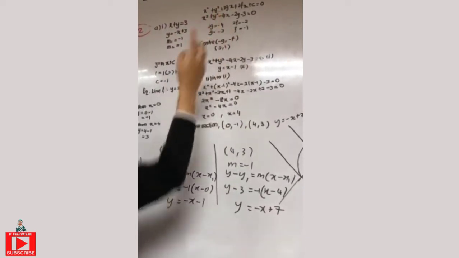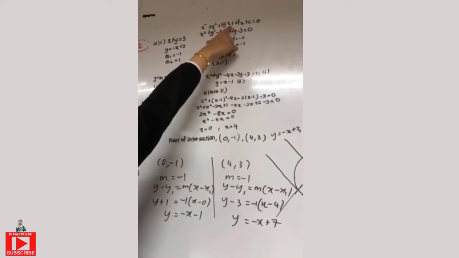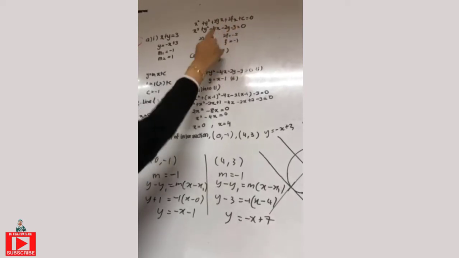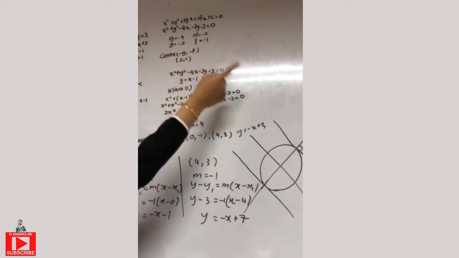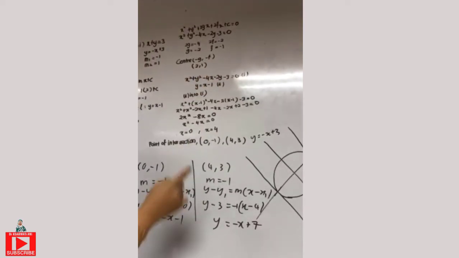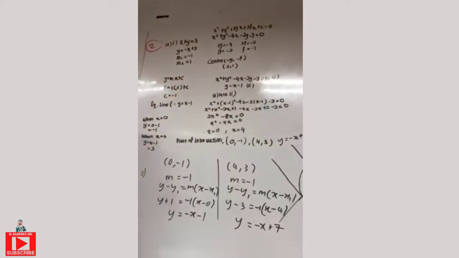So kita kena cari center of the circle. So kita compare dengan dia punya standard equation. Okay, kita dapat g equals -2, f equals -1. Tapi center (-g, -f). So kita dapat (2, 1). So kita ambil point ni, kita masukkan dalam y equals mx plus c.